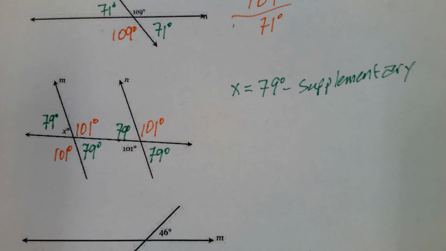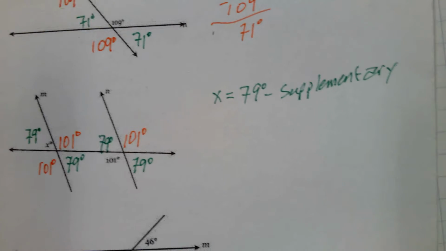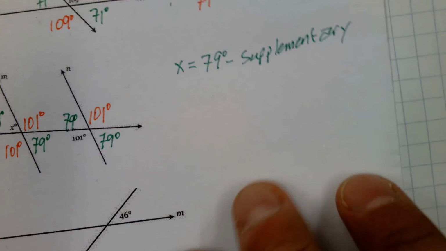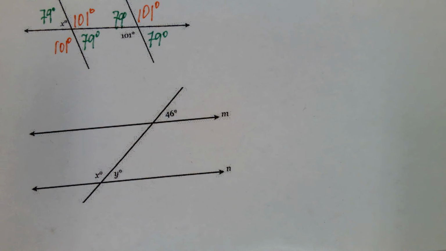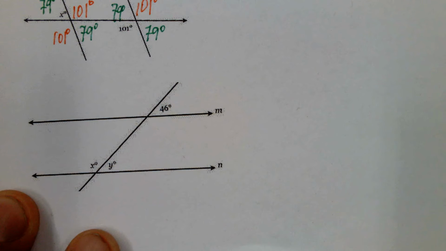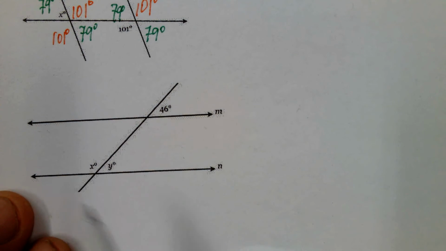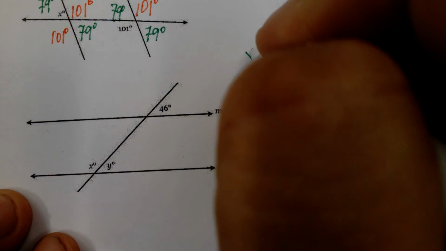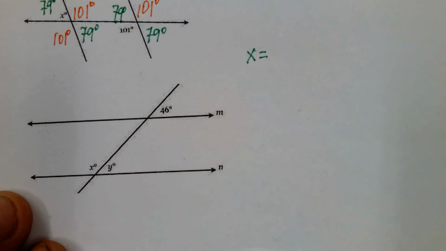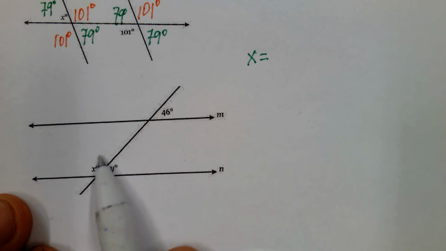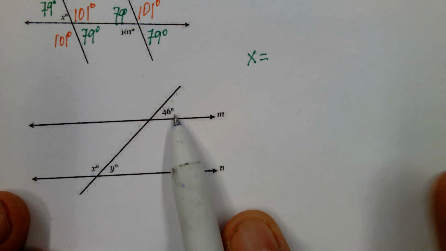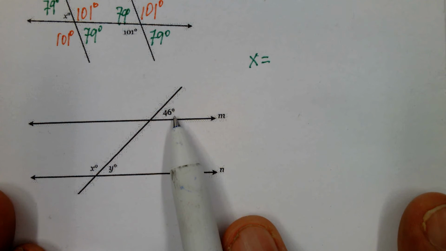So let's find x and y. Okay, on the last one here. So let's find x, 46-degree angle and x. Are they going to be congruent or supplementary? Supplementary. If you're wondering, how can you tell if they're going to be congruent?